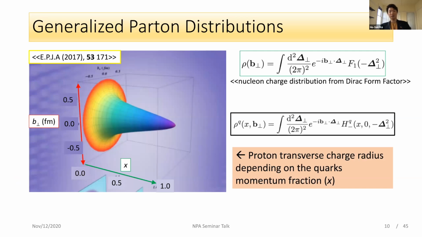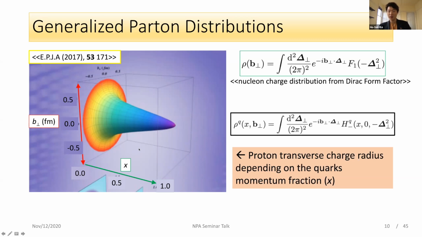As you obtain the transverse charge radius from the form factors by performing a Fourier transformation, we can also obtain the longitudinal momentum fraction x dependent radius of the quark density in the transverse plane of the proton. Here on the left is a 3-dimensional representation of the proton transverse charge radius, where the direction of the cone shape indicates the momentum fraction x, and the transverse direction indicates the proton's transverse charge radius.